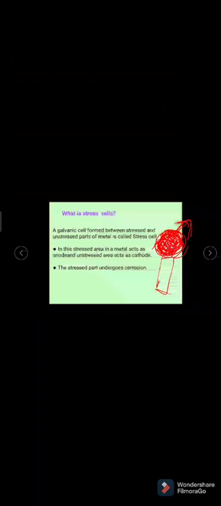Then it is capable of losing its electrons to get stability, and then it is involved in corrosion. In that case, the stressed parts of the metal act as anode and the unstressed parts of the metal act as cathode.